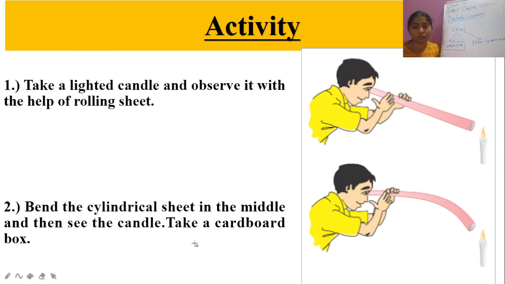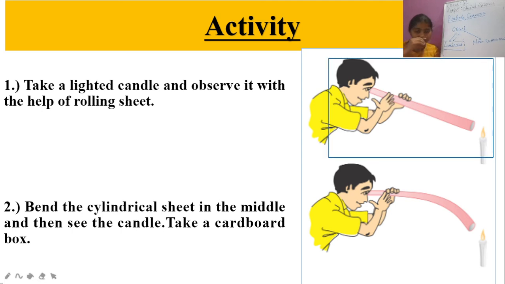Students, you can come to know that for the first image, the cylindrical sheet we have taken is a straight one, right? But for the second image, the sheet is bent from the middle, it is not straight, it is bent or curved, right? That's why you are not able to see the candle properly. So students, what do you understand? What do you infer from this activity? Why are we doing this activity?